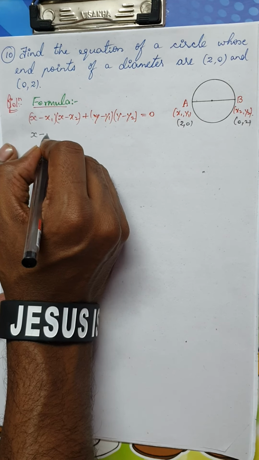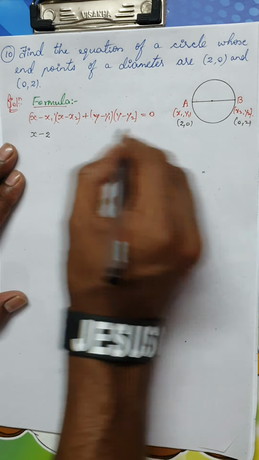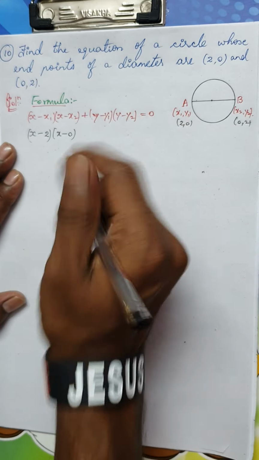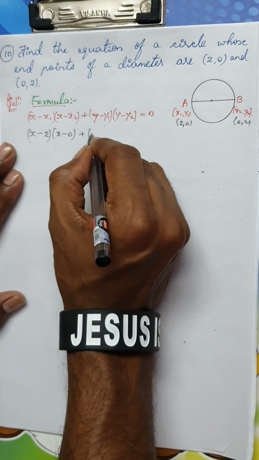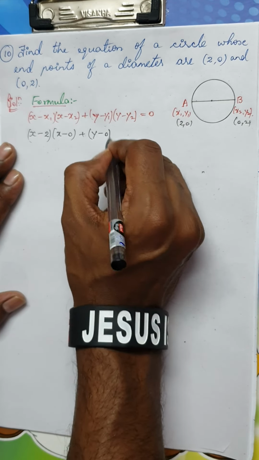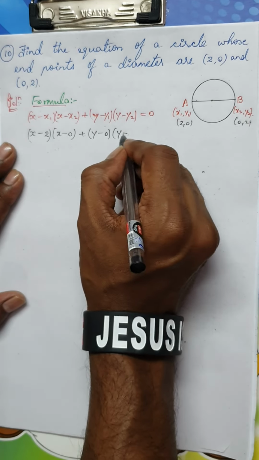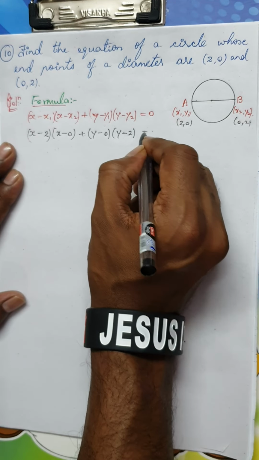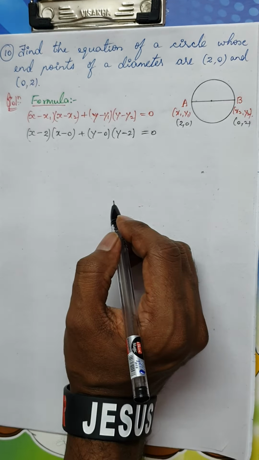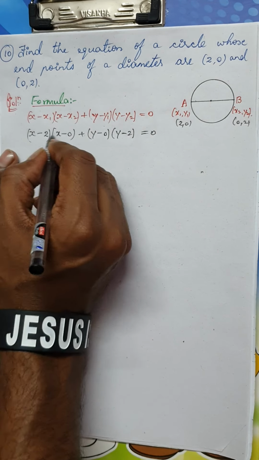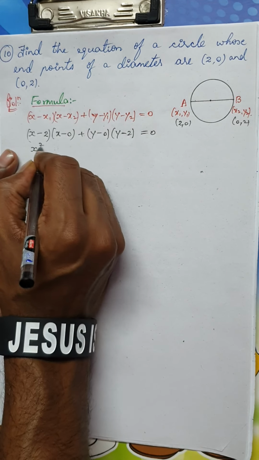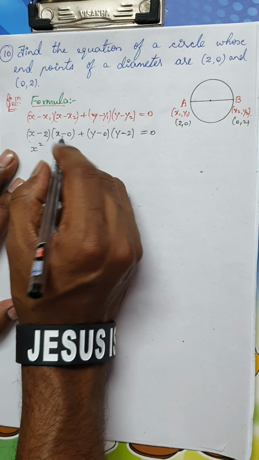So x minus x1, what is x1? That is 2 into x minus x2, this is 0. Even if you exchange it, you will still get the same answer, don't worry. And y minus y1, so 0 into y minus y2, y2 is 2. Okay, so let us multiply. So x into x is x square and x into 0 is 0, you need not write.